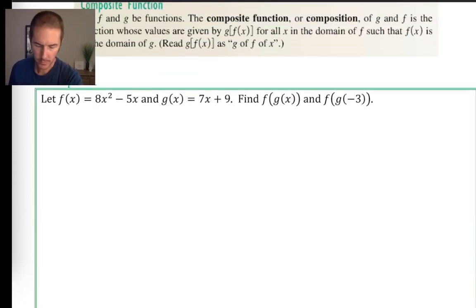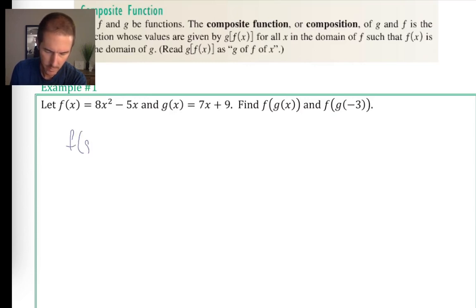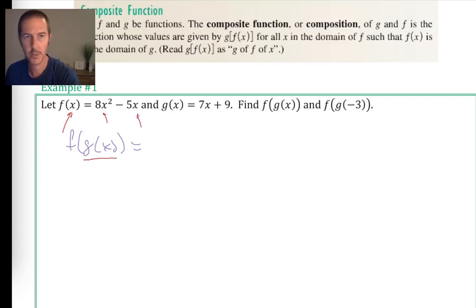And I think we'll go so far as to build the composition function anyway. So our function f of g of x is equal to, now remember we're taking the g function and we're plugging it into the function f, which means that this x and this x and this x are going to get replaced by g of x.